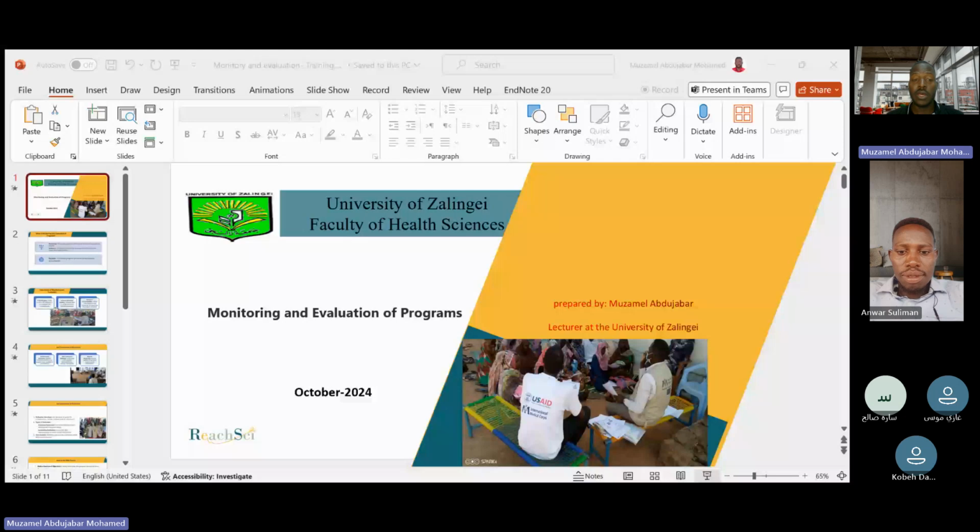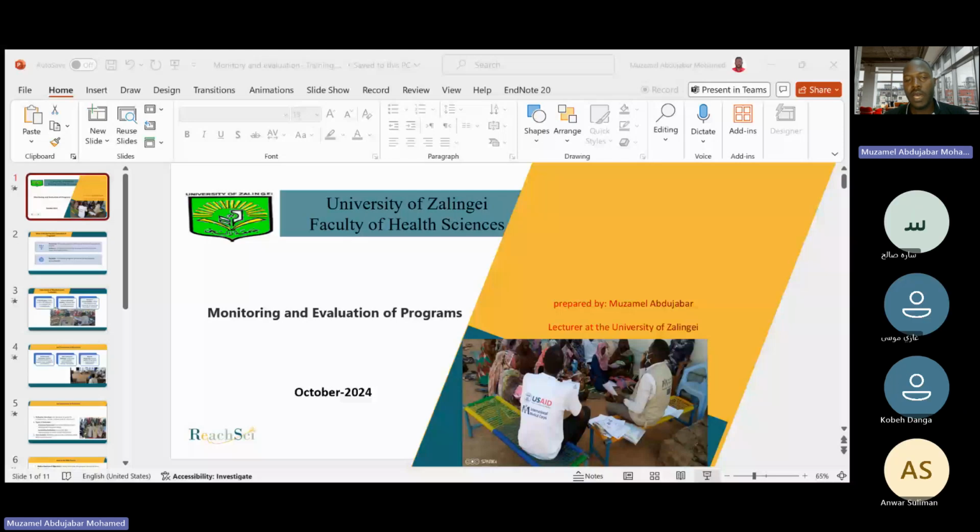The main purpose of monitoring and evaluation is to improve the program performance and ensure accountability. Sometimes there is some obstacle or problem during implementation of the programs, but it is difficult to know about that problem.